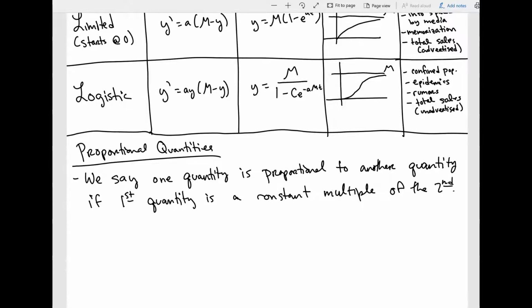Okay, so that's what it means to be proportional. So when I say that this is proportional to something else, we just say that the first quantity has a constant multiple of the second.